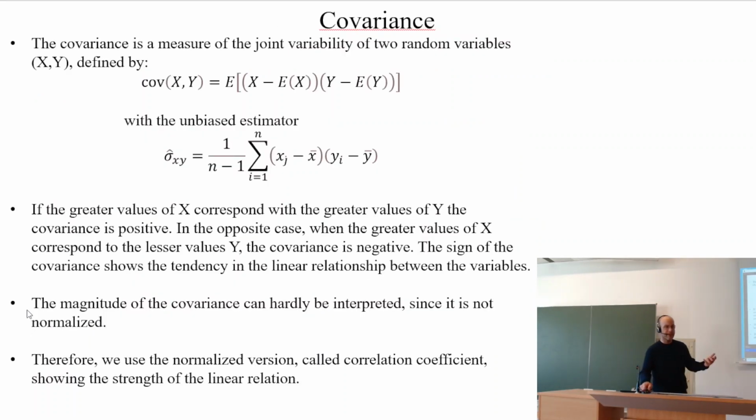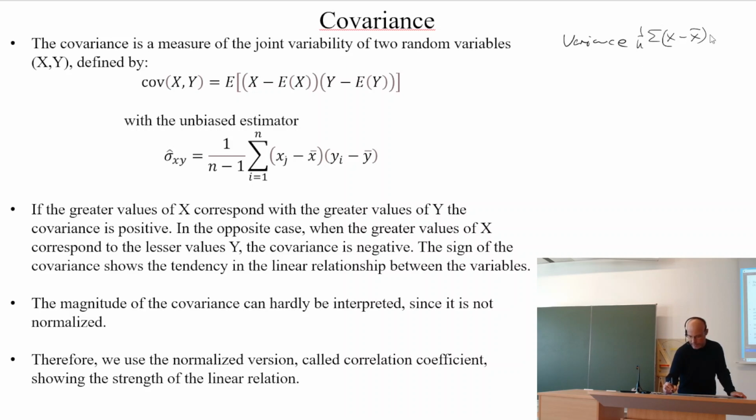And what is it? Well, for this, remember our introduction, and there we introduced the variance. This was the sum of the squared distances divided by n minus 1. I explained to you that this was the reason that it is an unbiased estimator.